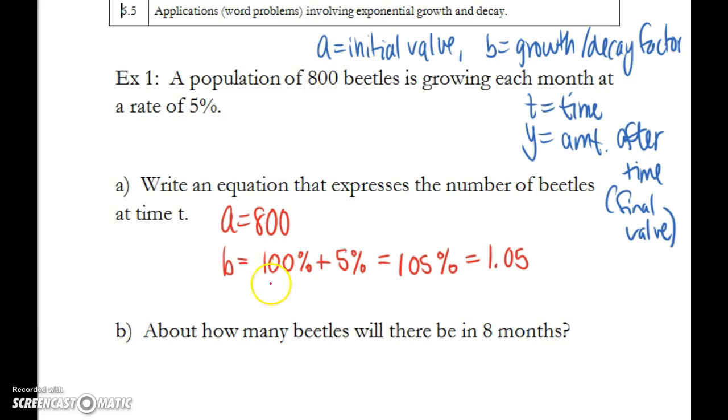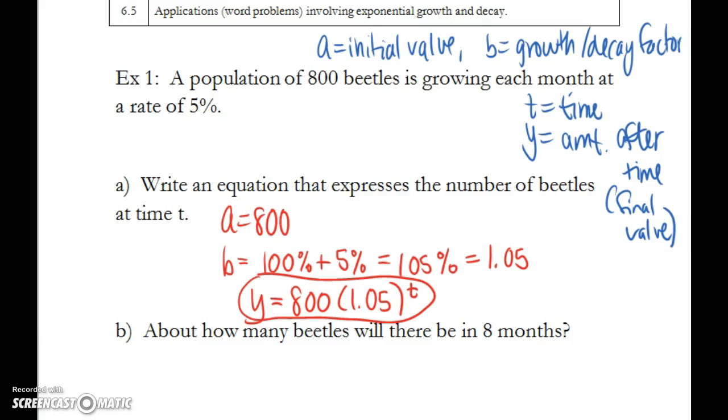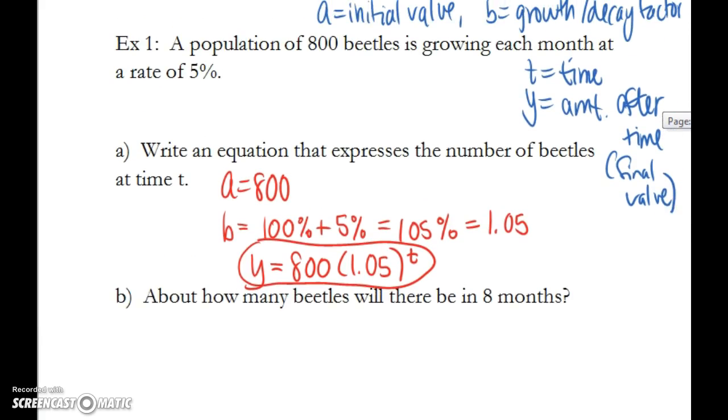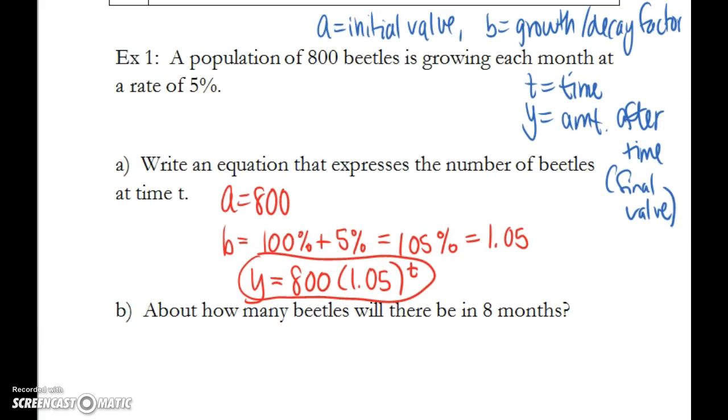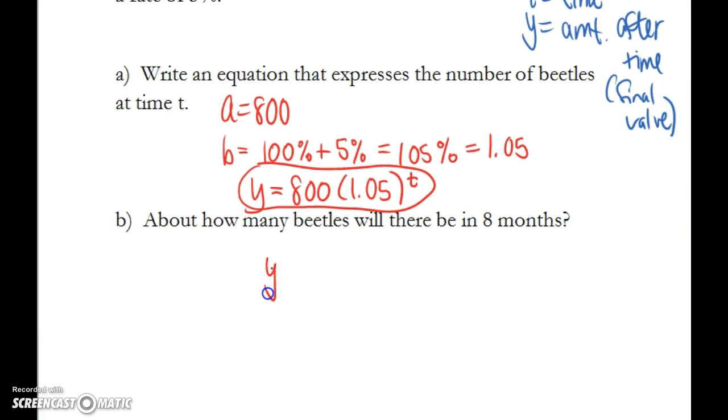Now we want to write an equation that represents the number of beetles at time t. So y equals a, which is 800, times b, 1.05, to the x, or in this case to the t power. This is your function. The second part of this problem says how many beetles will there be in 8 months? So let's take our function and let's replace t with 8.